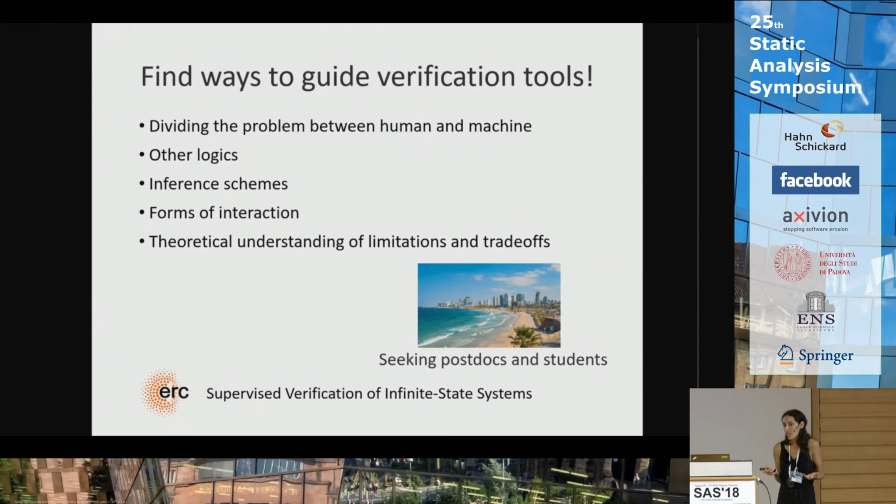And it's very interesting to look at other logics, other inference schemes. How do we do it for abstract interpretation? And one of the most challenging questions is: what can we say about all of this theoretically? What are the limits? And that's it. Thank you.